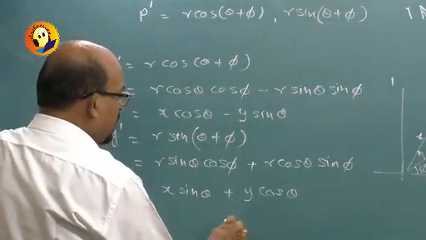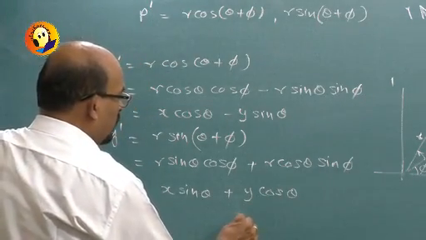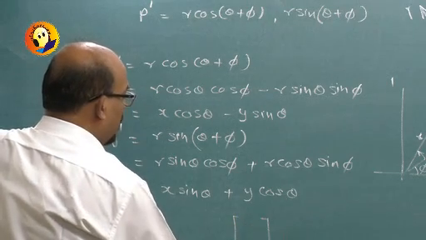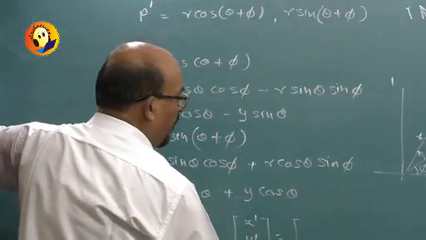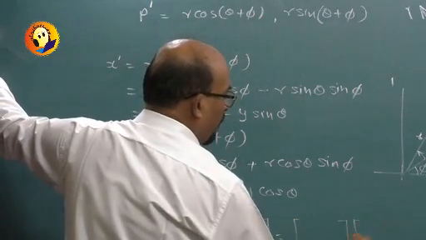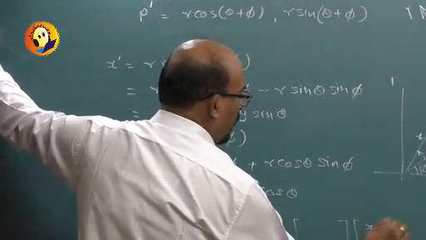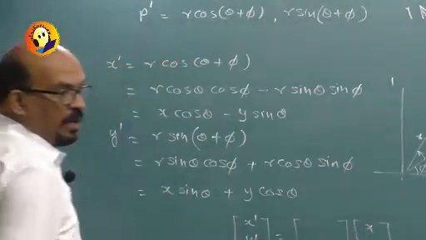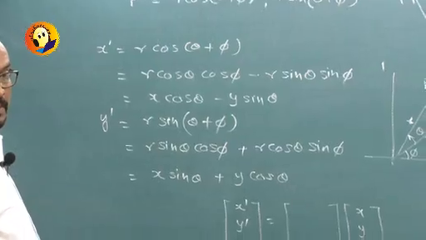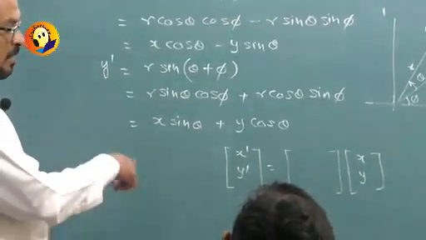Now it depends on how you want to write it. Suppose I want to write it as x dash, y dash is equal to the matrix times x, y. So first row, first column should give me x. Or we can't multiply it this way.